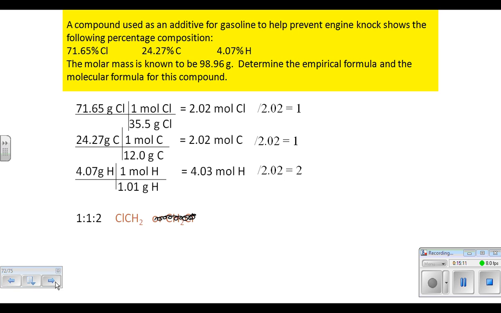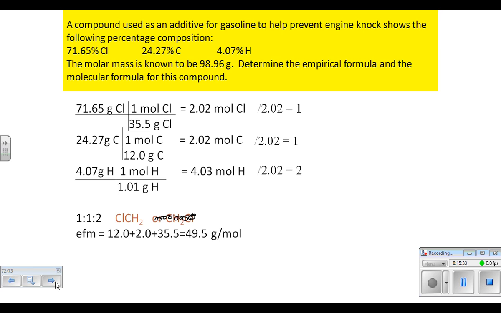Now we have to find the mass of that compound. So we use 35.45 and we add 12.01 and then we add 2.02 because there's two hydrogens. So that gives us a mass of 49.5. Those numbers aren't rounded to two numbers after the decimal like we do, but that is about the number we would come up with.